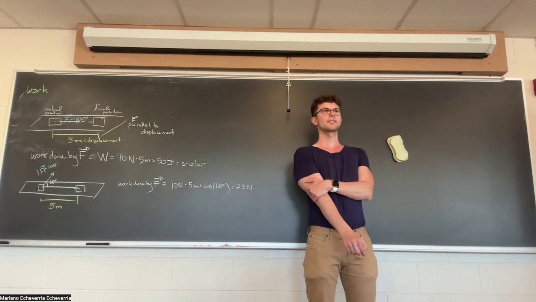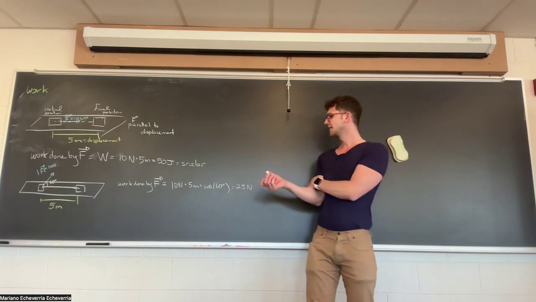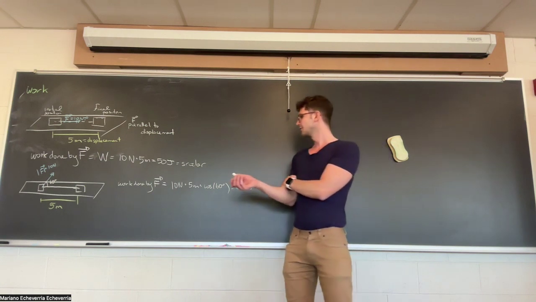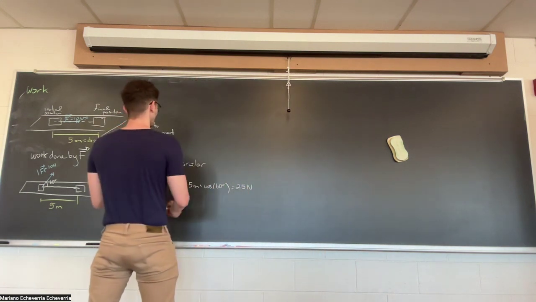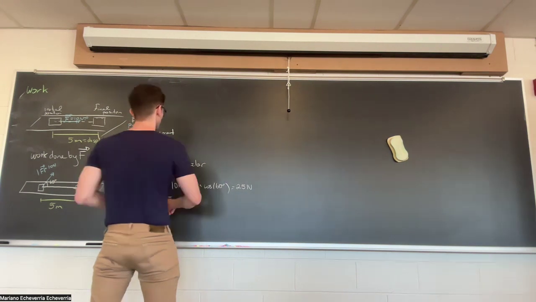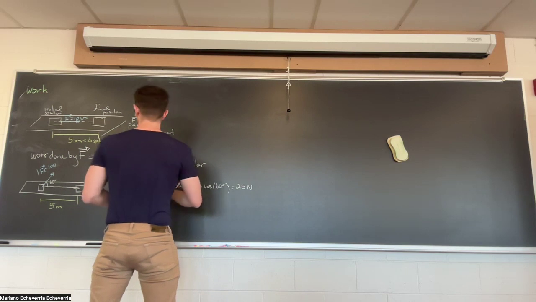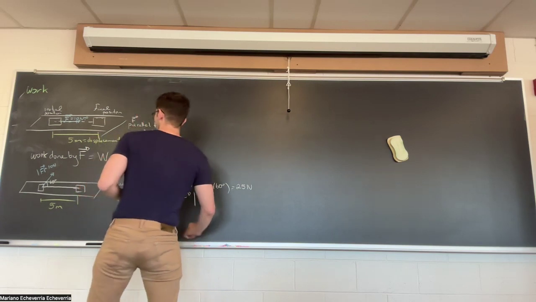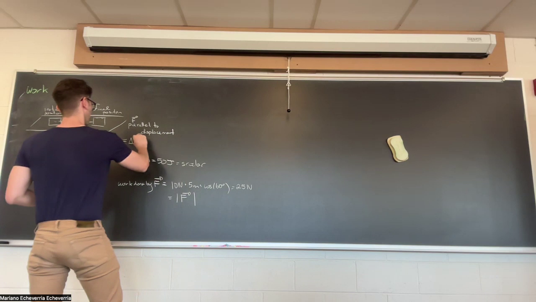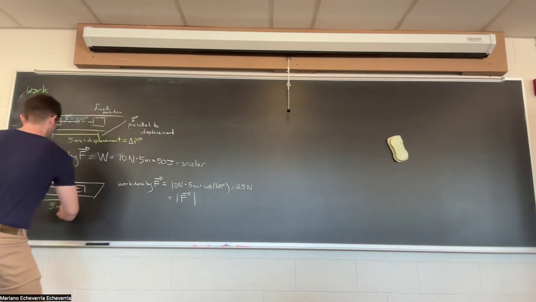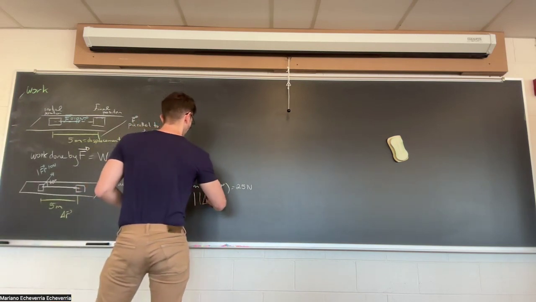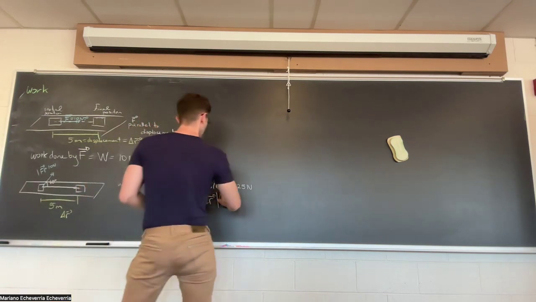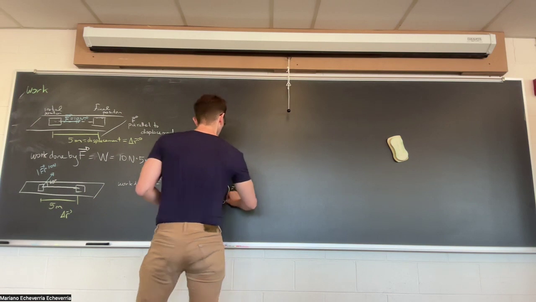The important thing about this example, which is more like motivation, is that you're multiplying the magnitude of the force times the magnitude of the displacement, which we'll call delta R, times the cosine of the angle between them.